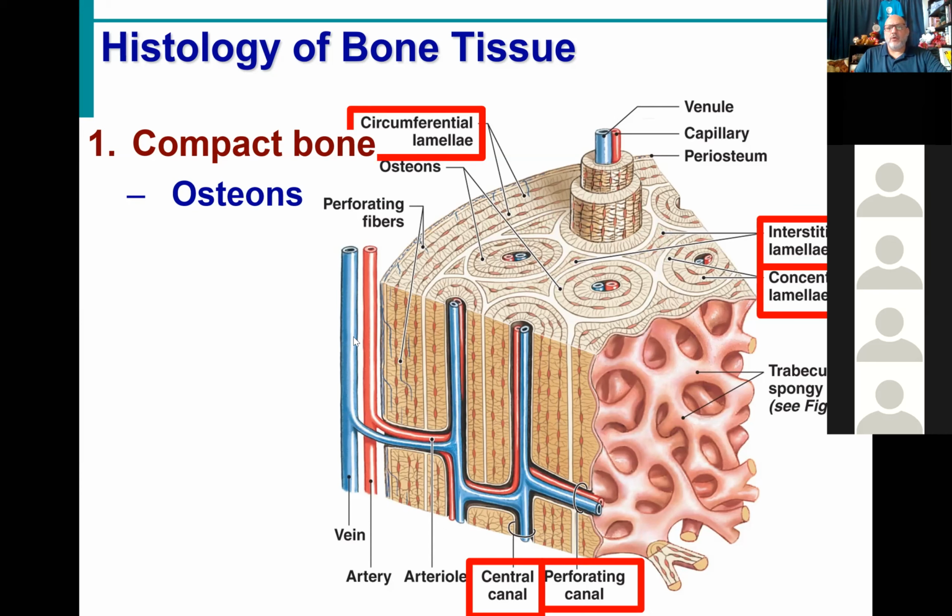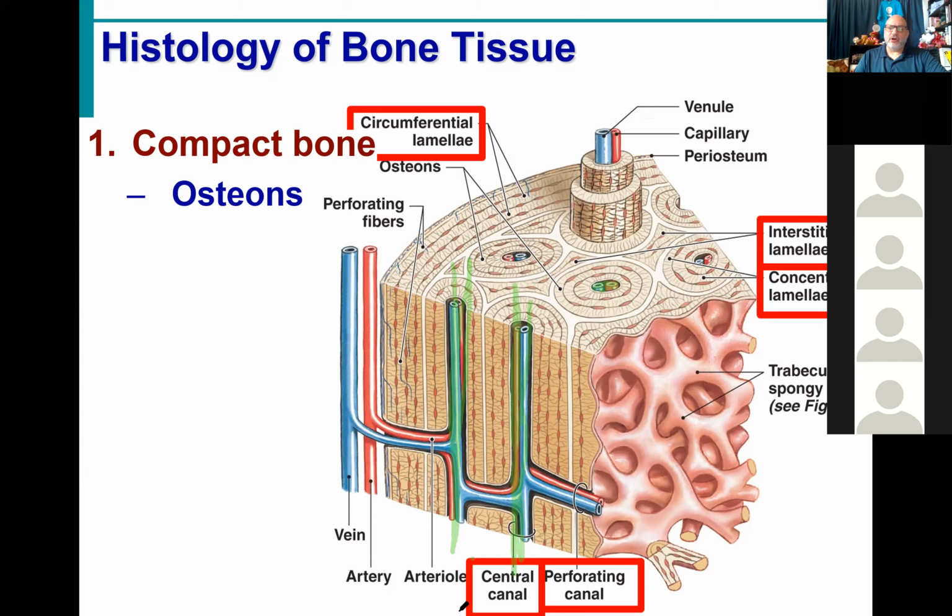All right, I want you to notice one more thing as well. We know that at the center of our osteons are these central canals. And these central canals run parallel to the length of the bone. And we know that they contain blood vessels and nerves.